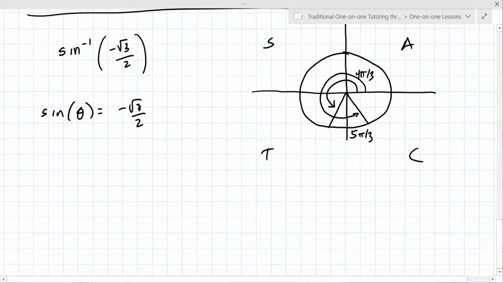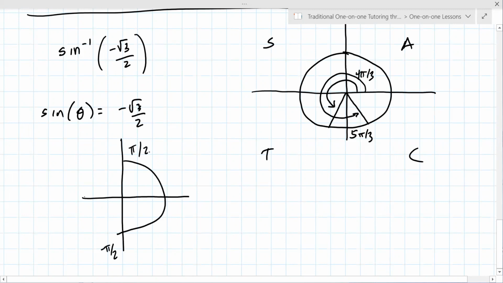Now from earlier, I said that inverse sine is only good from minus pi over 2 to pi over 2. So you could tell me, hey, neither of these work. And that's right. But there's another way to get to both of these angles. This first one in the fourth quadrant, you can get to by going minus pi over 3. And this other one you can get to by going minus 2 pi over 3.